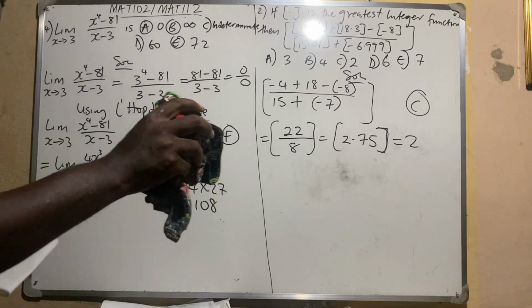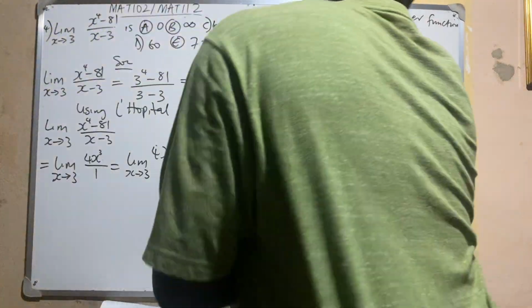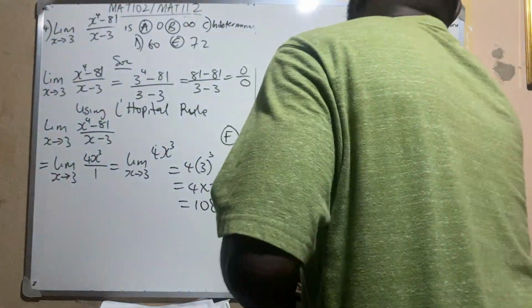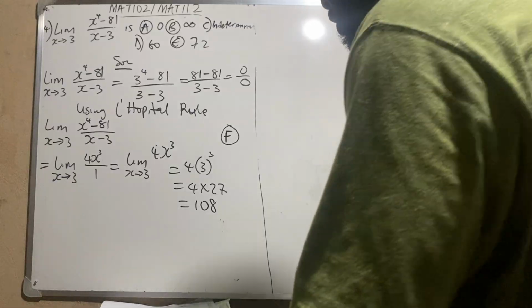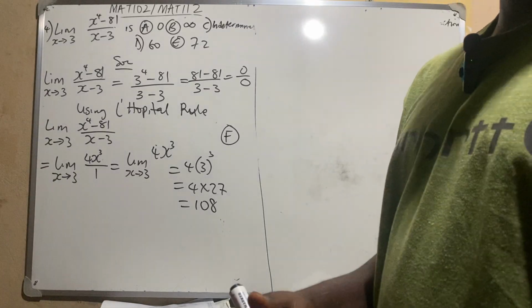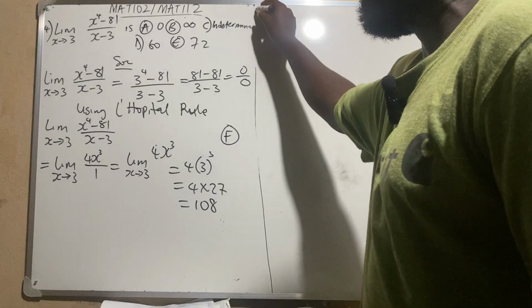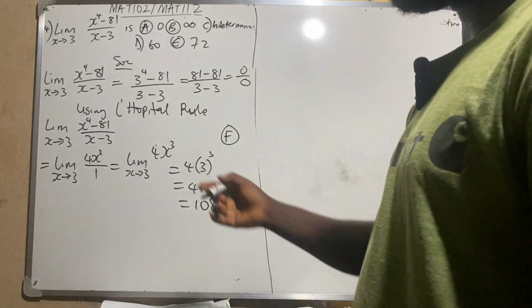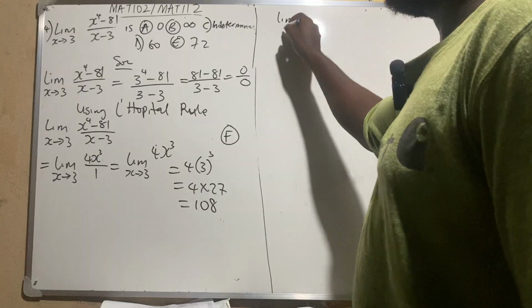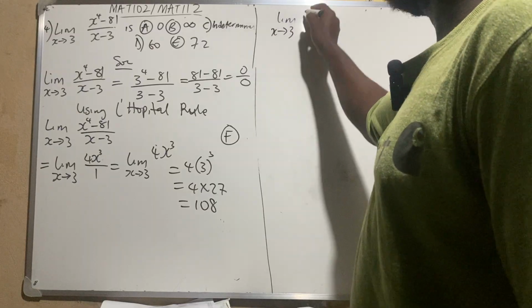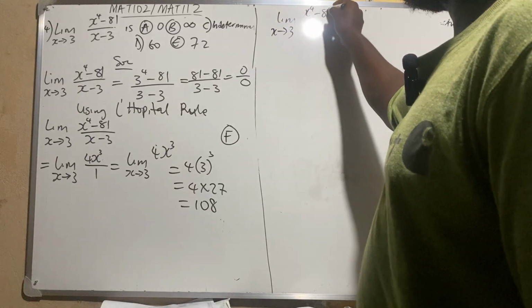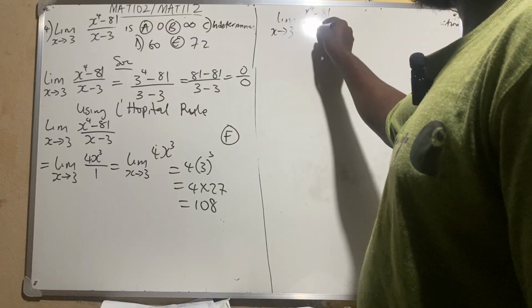Alternatively, if you don't want to solve it using L'Hopital's rule, let me show you another way you can solve it. Another way you can solve it is by factorization. If any of them is factorizable, you can just factorize. But if it is not, this is the only option to use. So I have that the lim as x approaches 3 of x raised to power 4 minus 81 all over x minus 3.